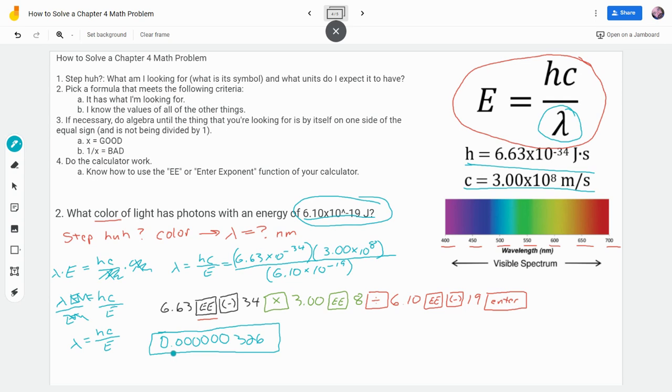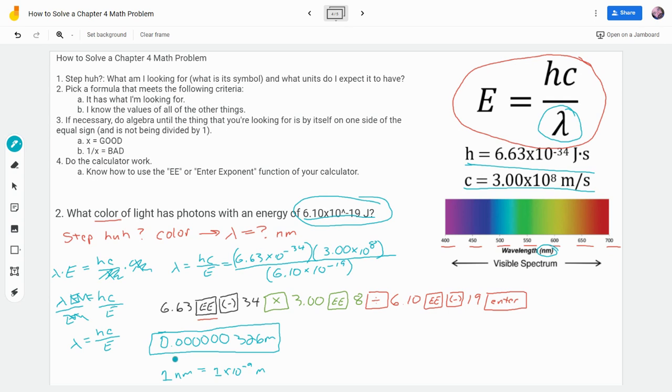So what kind of number is this? Well, that is my answer in meters. My scale down here, everything is in units of nanometers. So I need to switch. So how would I do that? Well, 1 meter... Let me do it the other way. 1 nanometer is the same thing as 1 times 10 to the minus 9th meters.